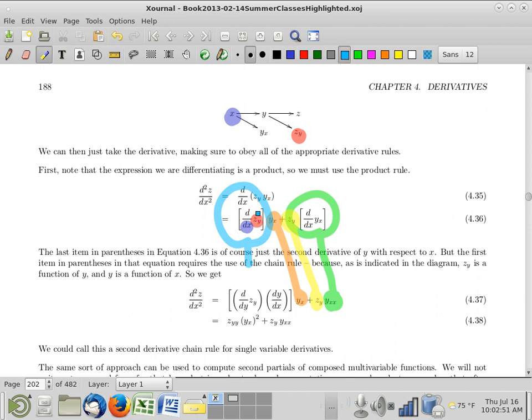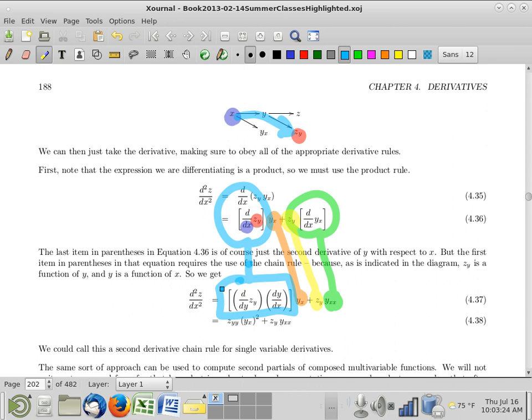So that term there is the derivative of a composition. The two objects, the thing I'm taking the derivative of and the thing I'm taking its derivative with respect to, are separated by an intermediate variable. And so this derivative, partial of zy with respect to x, I can't just write it down immediately. I've got to use the chain rule. So that, by using the chain rule, turns into that.